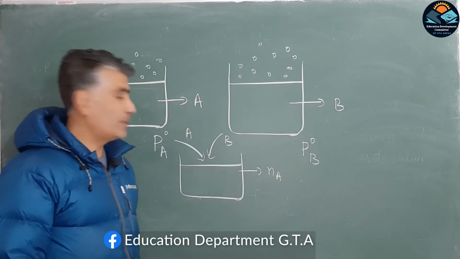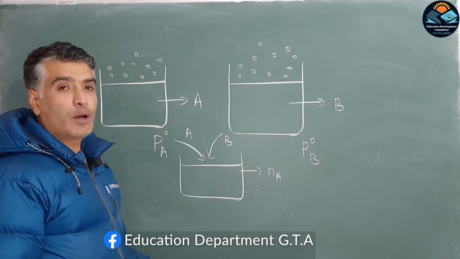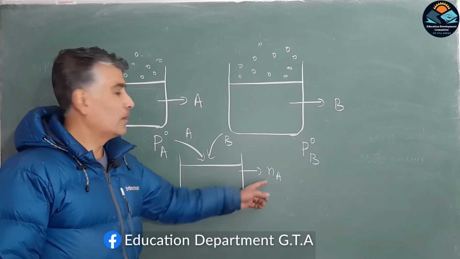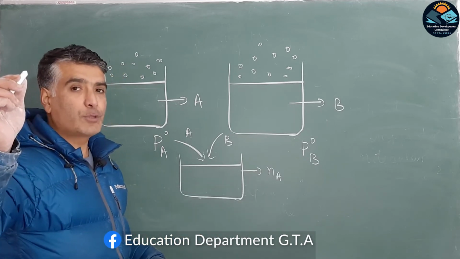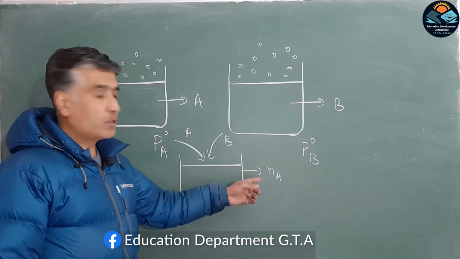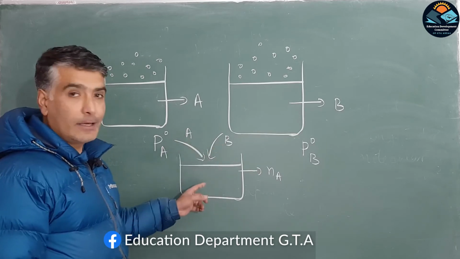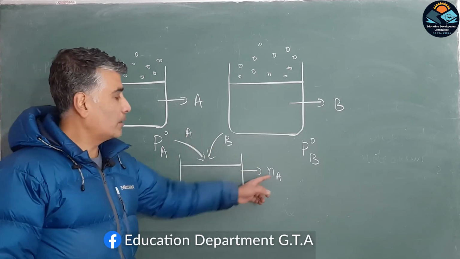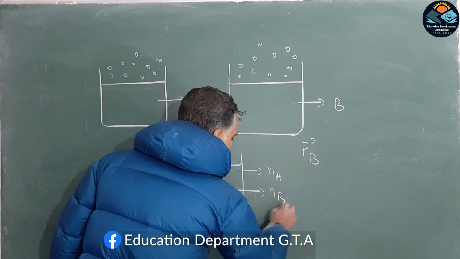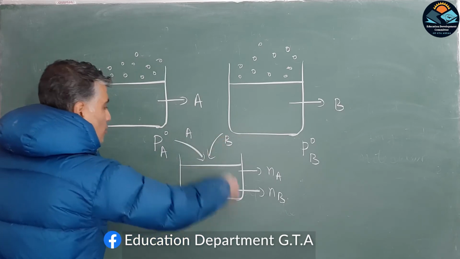In the previous video, we talked about the number of moles and how to calculate it. The number of moles of anything is calculated by dividing the mass of the substance by its own molecular mass. So while mixing A and B, these two volatile liquids, how many moles have I taken? Na moles of A. And how many moles of B? Nb moles. So Na moles of A and Nb moles of B are mixed together.